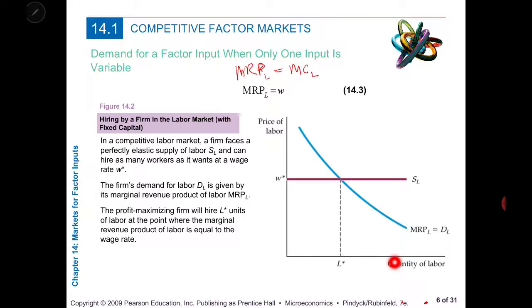And what is the marginal cost of the additional input? If I'm hiring another worker to work in my factory, my additional cost would be his or her wage.